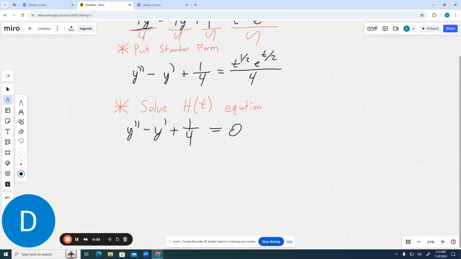The method of solving this that I'm going to use is to convert everything to its roots. So we're going to say r squared minus r plus 1/4.